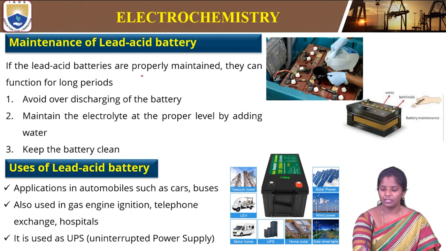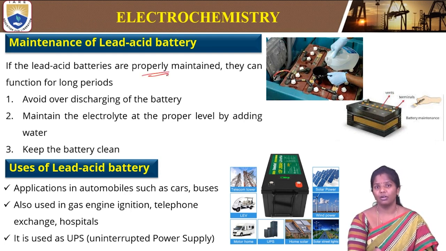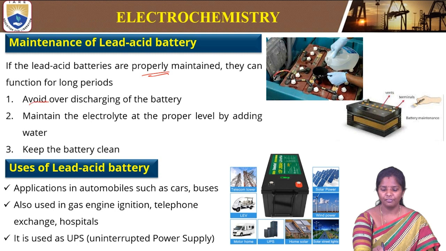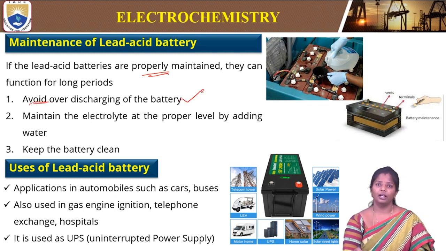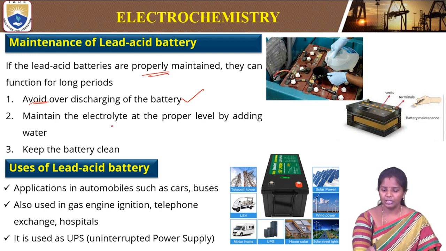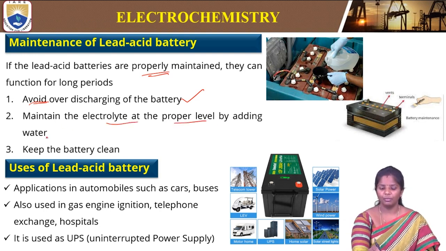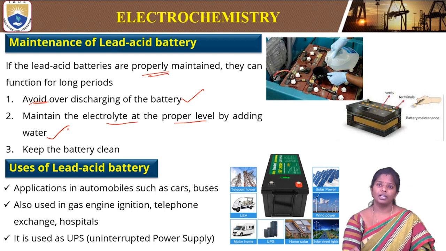Then what is the maintenance that has to be done for a lead acid battery? If the lead acid batteries are properly maintained, they can be used for longer periods. So we have to avoid over discharging of the battery. We should not keep the battery running until the deposition is too much for the electrodes. Then maintain the electrolyte at proper level. There will be a level for the electrolyte in the battery, so we have to maintain that level.